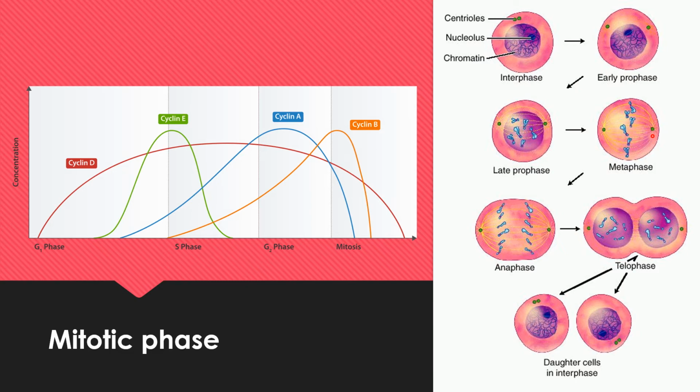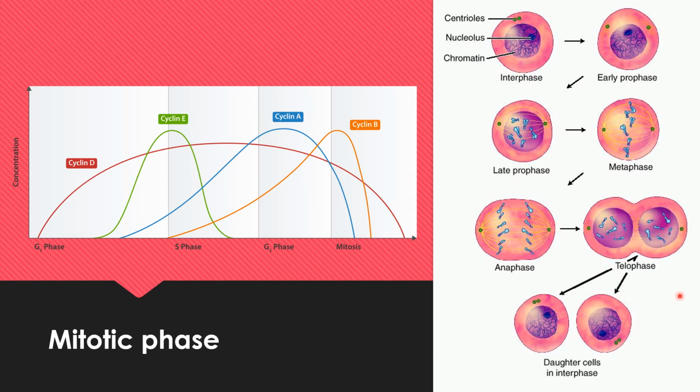And there is a checkpoint in the metaphase step where it's checking to make sure that those chromosomes are lined up correctly before that cell can move into anaphase. If they're not, then it will fix whatever it needs to do, and then it can move on to anaphase, where those spindle fibers start to pull those sister chromatids apart, and the spindle fibers start to break down as it's reeling in towards the separate poles.